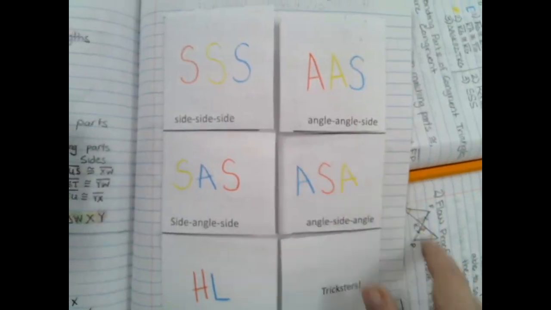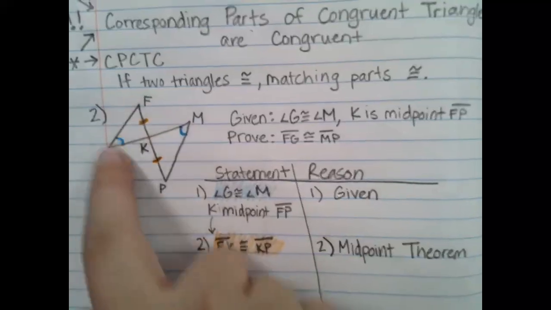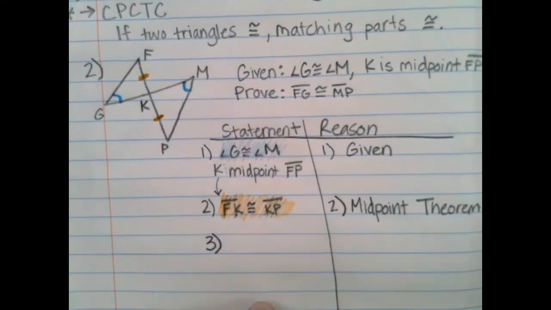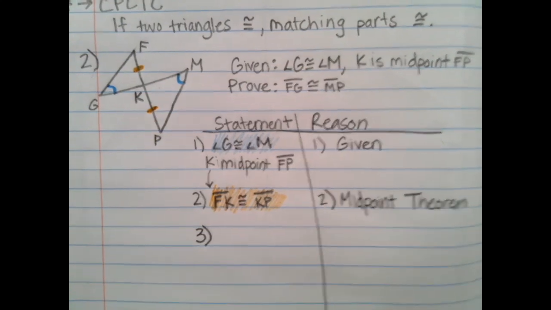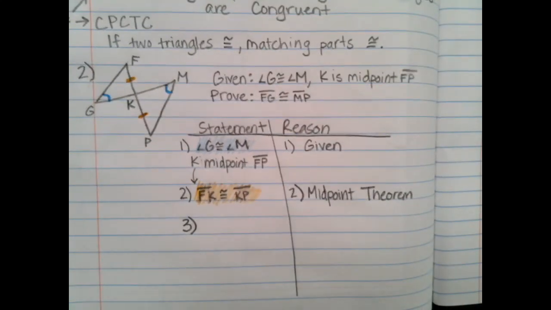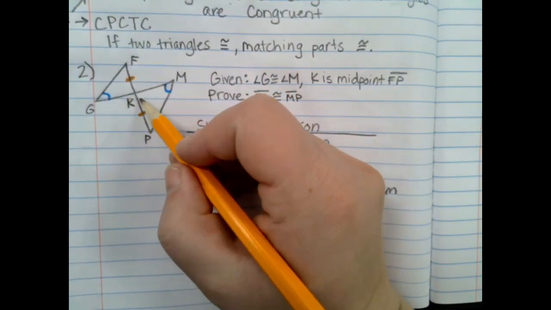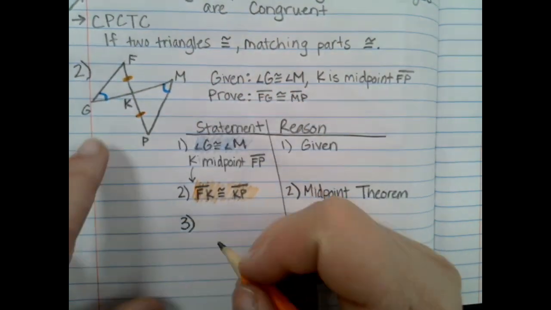So we have to figure out either another angle or another side that's congruent based on the picture. We have no further information than the picture. Do I know that there's a congruent side or a congruent angle based on the picture? Yeah, angle. What angles are going to always be congruent? Yeah, these ones in the middle. What do we call angles that are across from each other? Vertical.